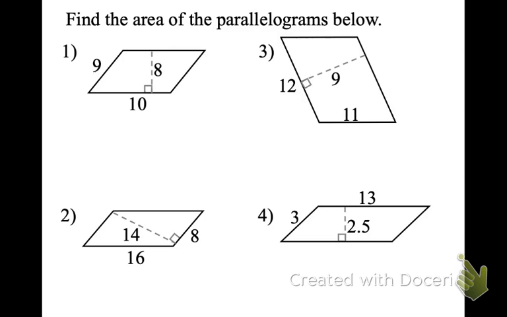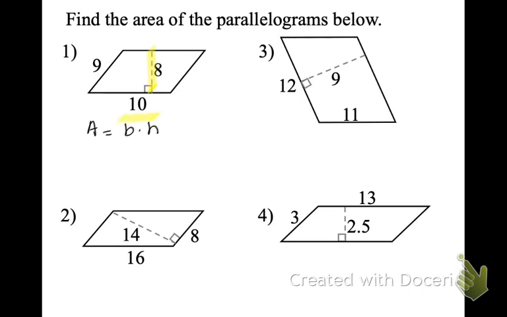All right, I'm going to do the first one. And now we're just looking for area. Now be careful, because if we're just looking for area, they're throwing a number in here to trick you. So remember, area equals base times height. And in this case, how do I identify my base and height? I'm looking for that right angle.